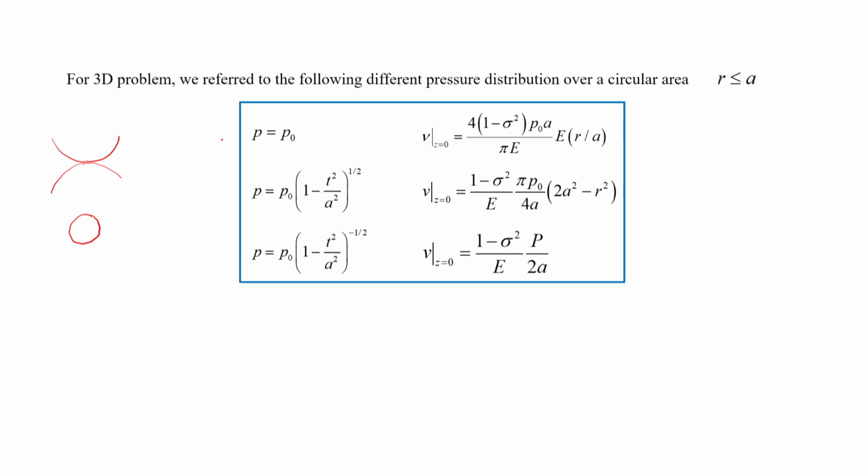And if there are different kinds of pressure distributions, the results that we obtained from the elastic half space, remember that we considered different types of pressure distribution on an elastic half space, and different types of indenters. If the pressure is p0, it can be uniform pressure, it can be this kind of pressure, this kind of pressure. For these different pressure distributions, the vertical displacements were different, right.